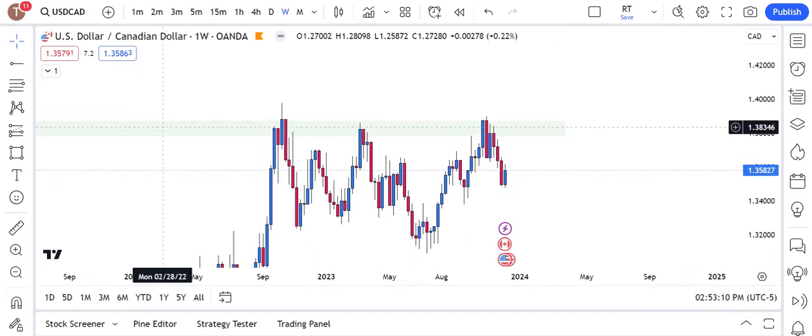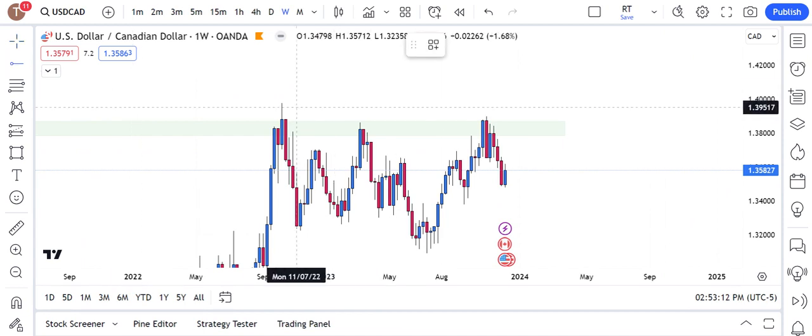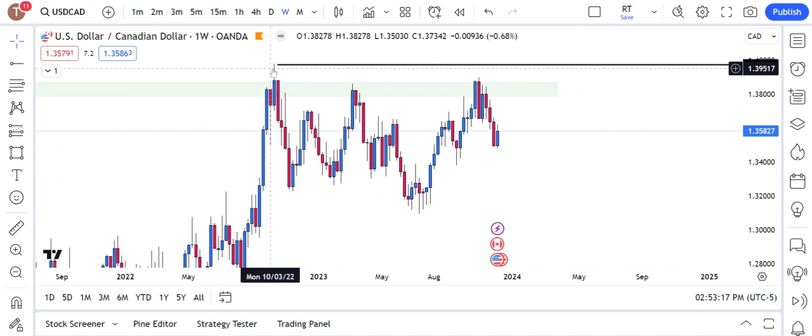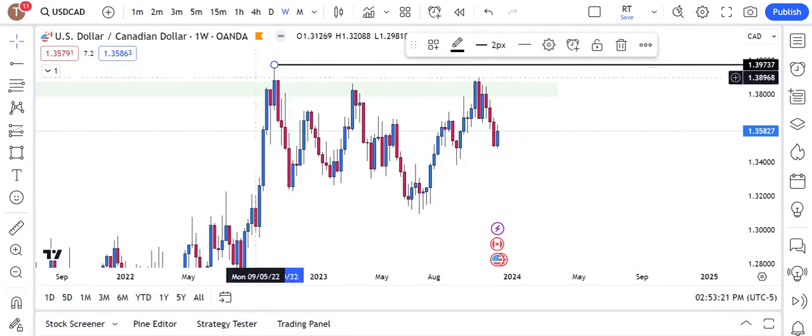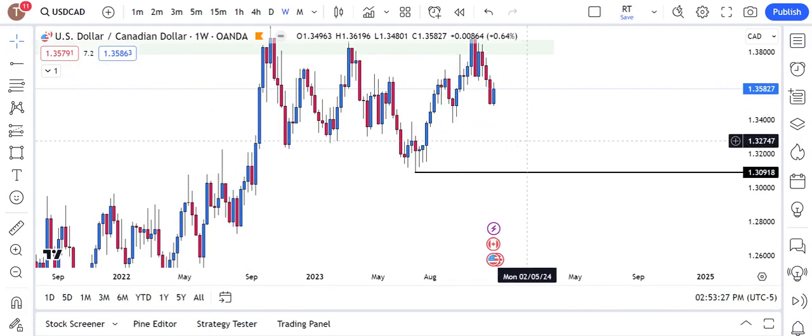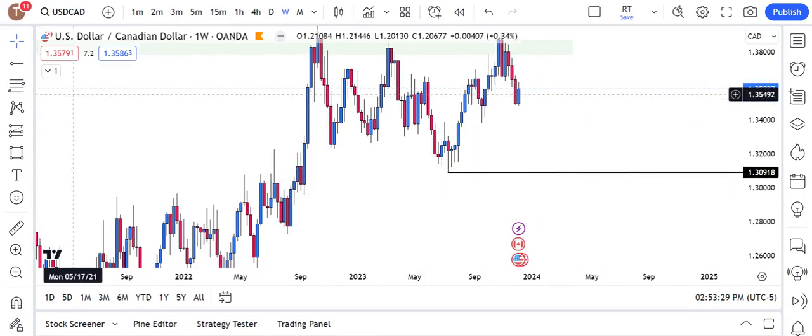I'm going to delineate this previous wick here, which shows resting liquidity, as well as this one here, which would be my ideal first target for price to sell to this week.